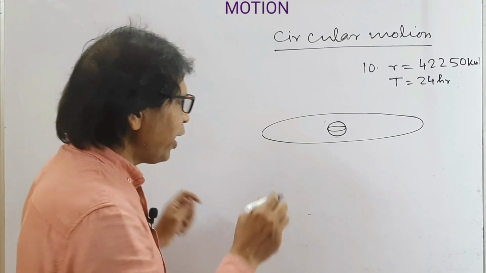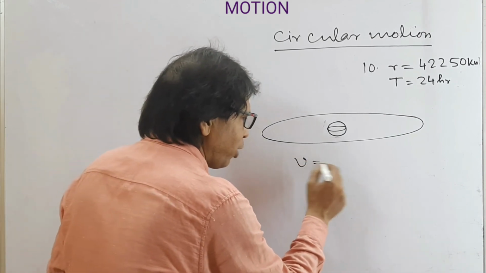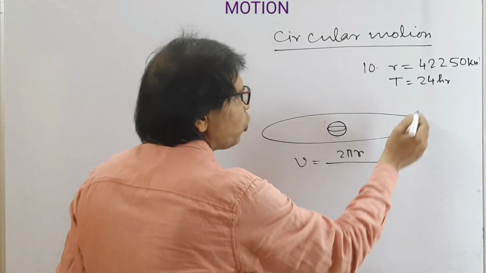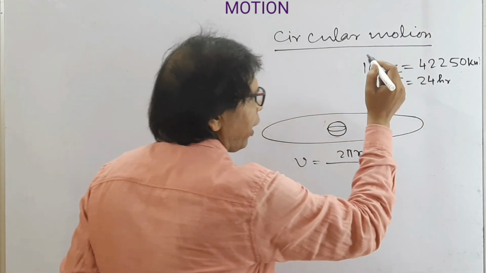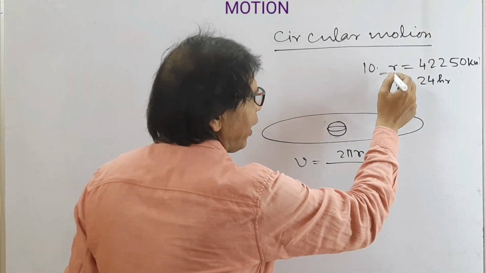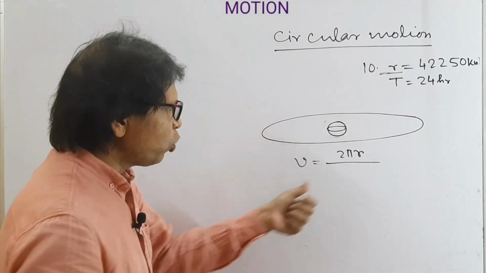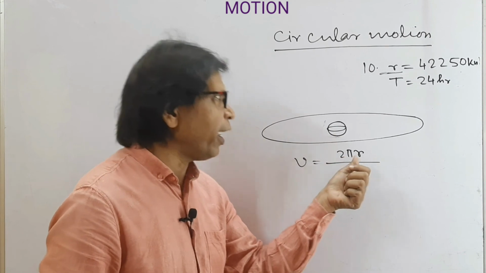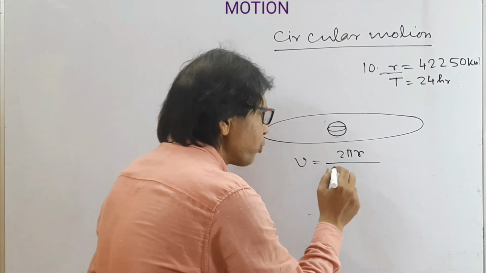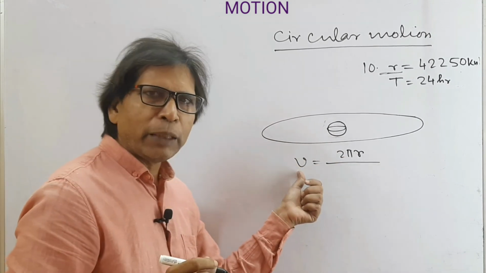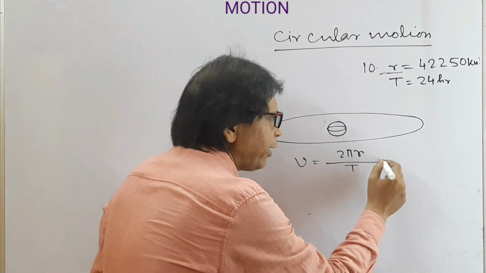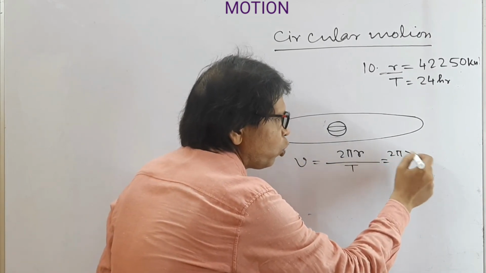We know the speed of rotation v equals the total length of the orbit. Look at this, this is the radius of the orbit. So total length is the circumference, that is 2 pi r. So the speed of rotation is 2 pi r by T.